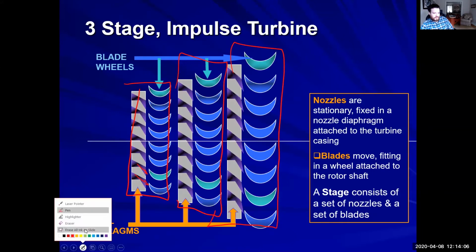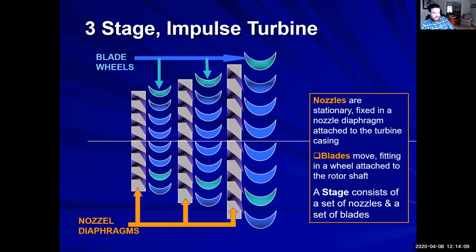The other thing to note is that each time we enter another stage, the blade wheels are increasing in size. That is done on purpose, because we are using a force. Every time we go through a nozzle, we lose pressure, but we're increasing in velocity.